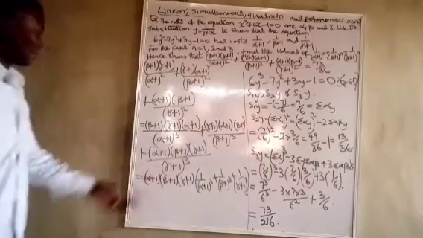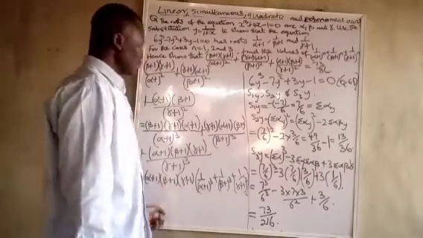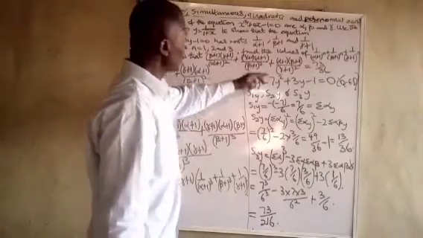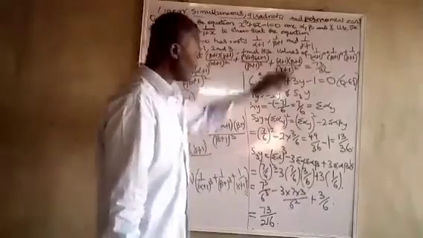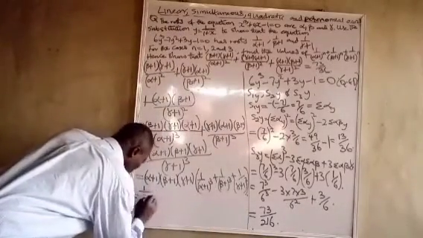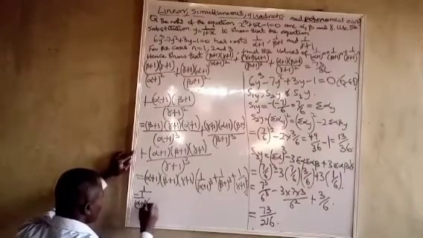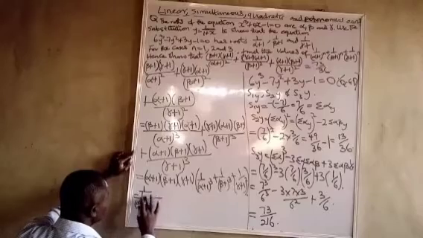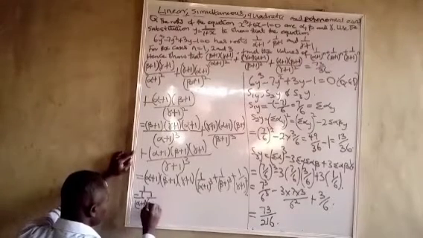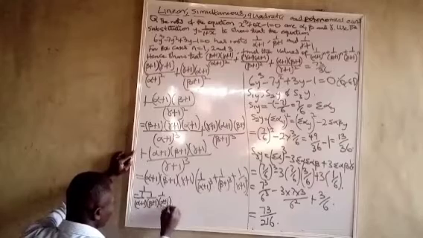You can see, so this one is going to be 1 over the product of these, which will be 1 over (alpha plus 1)(beta plus 1)(gamma plus 1).